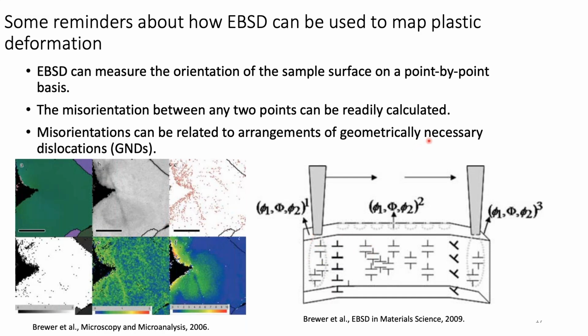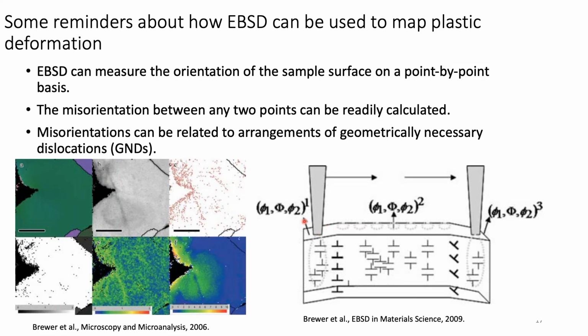That's why they're called geometrically necessary. Another way I like to think about it is that if I was to look at the material from a continuum mechanics standpoint, what is kind of the super Burgers vector that I have, right? These are basically large Burgers vectors, and so when I cross them, it causes a rotation or a tilt in the material.